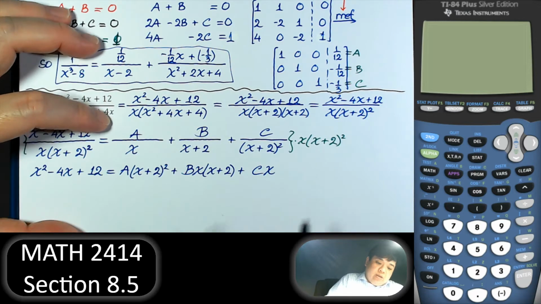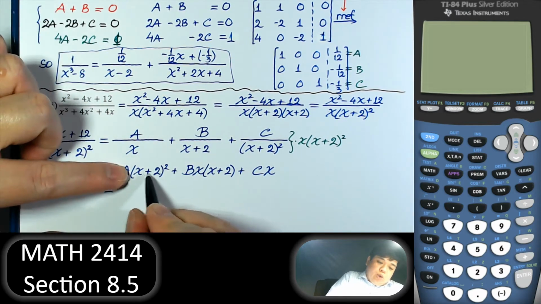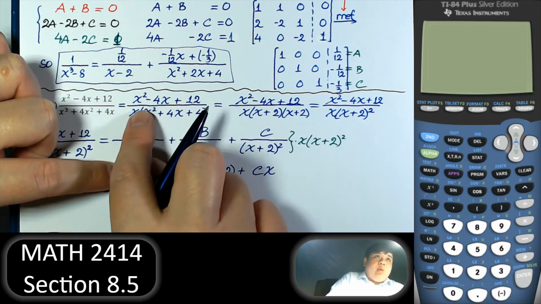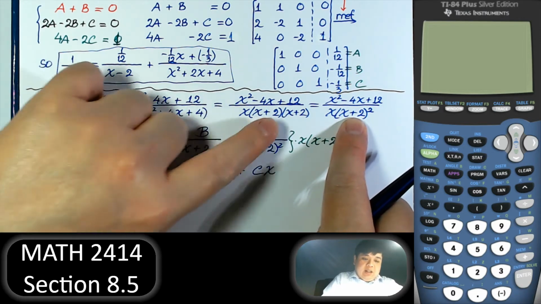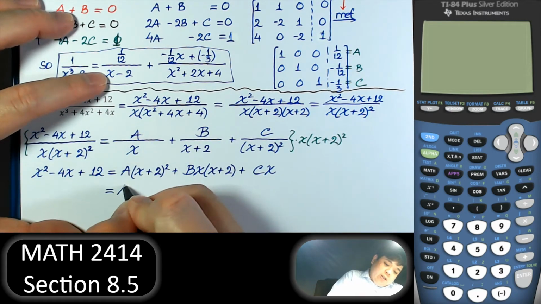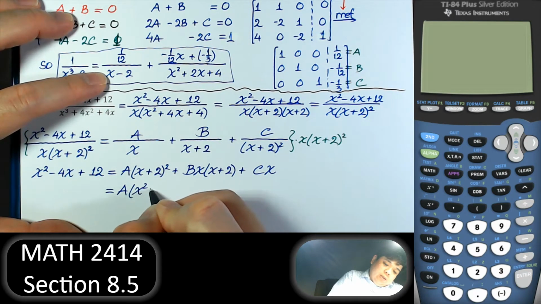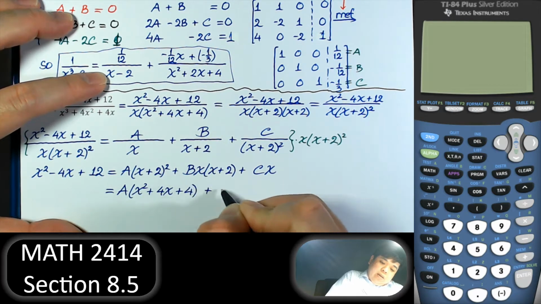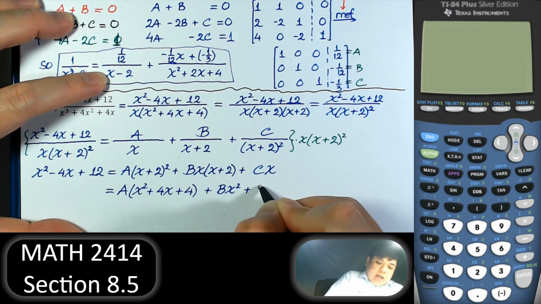Now multiply this out. X plus 2 squared is x squared plus 4x plus 4, right? Yeah. So if we multiply it out, we're going to have A times x squared plus 4x plus 4. And then Bx squared plus 2Bx.